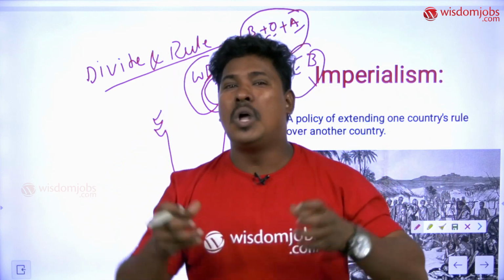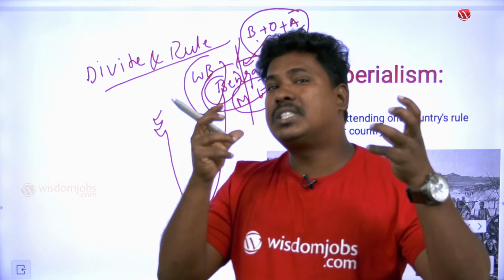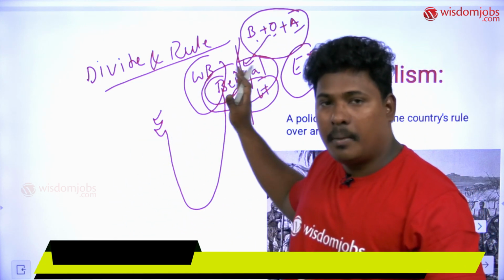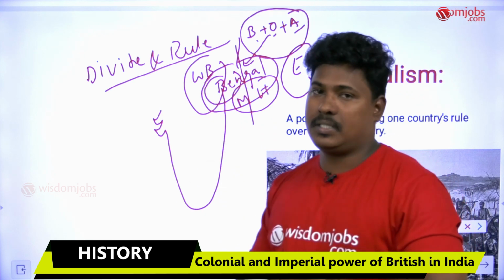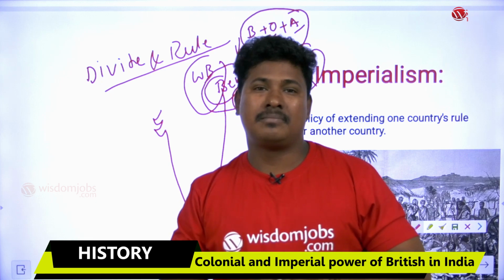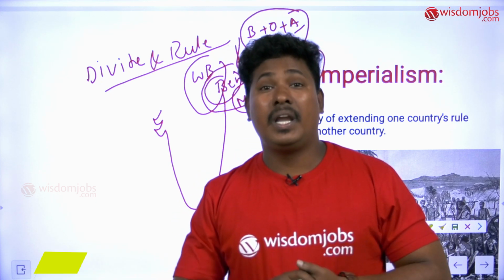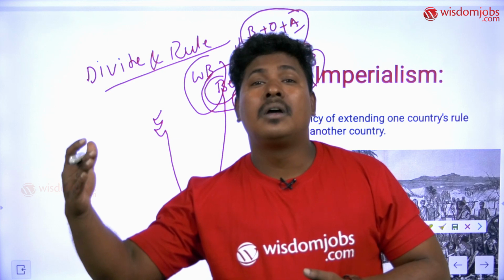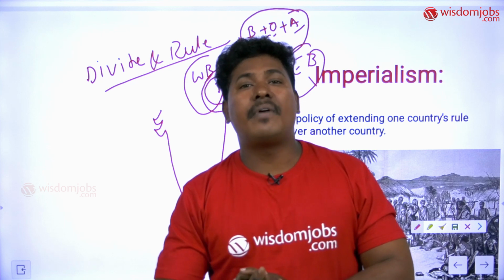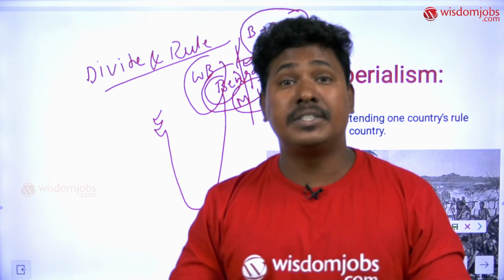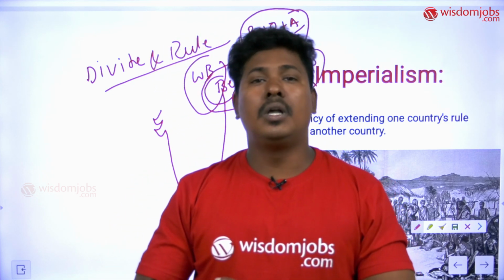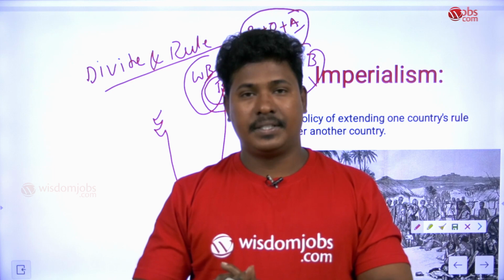That was the main motto, the strategy and plan of British to divide India, mainly Bengal, into two religions, and hence they would get good results in order to continue their colonial and imperial power. So these four are the main factors responsible for the growth and development of English East India Company as well as the British Raj in India.